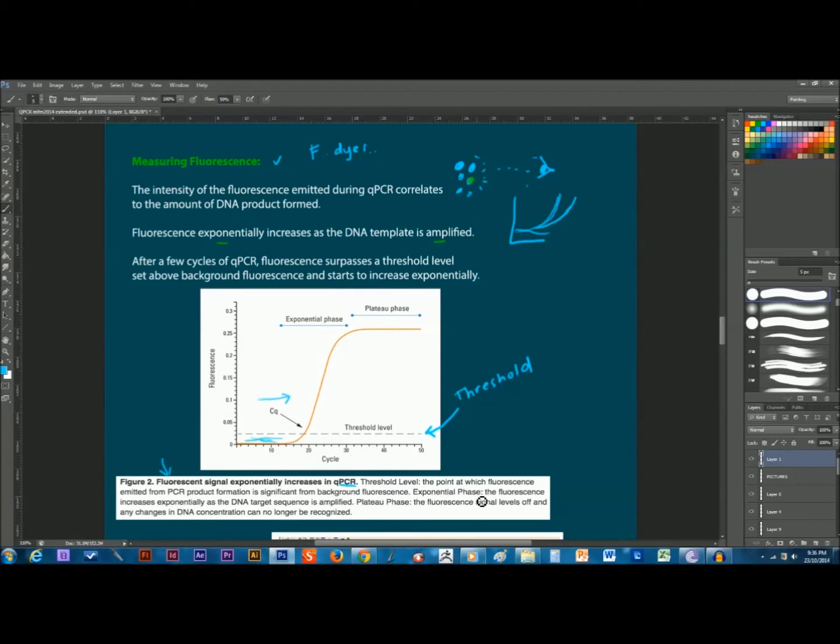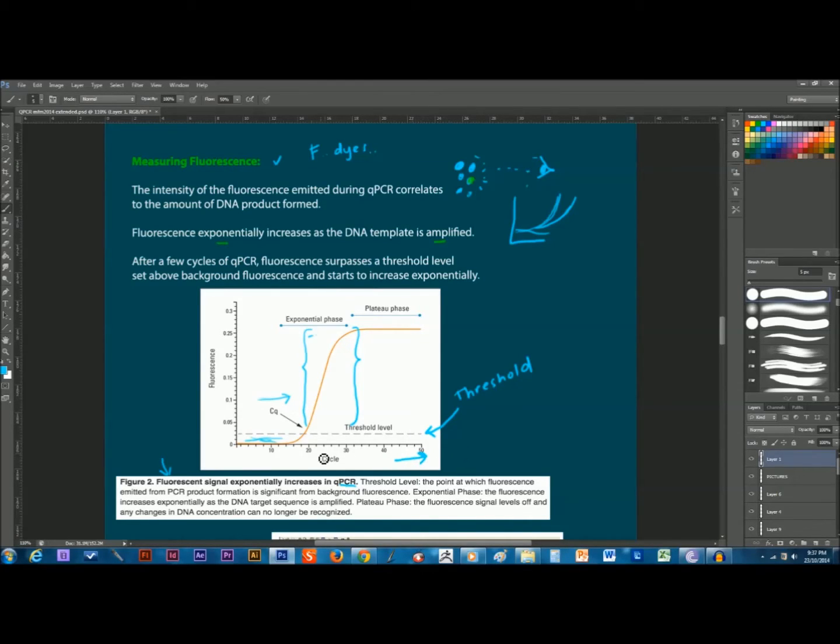So this is the exponential phase. The fluorescence increases exponentially as the DNA target sequence is amplified. Okay, this is the cycle, up to 50 cycles.